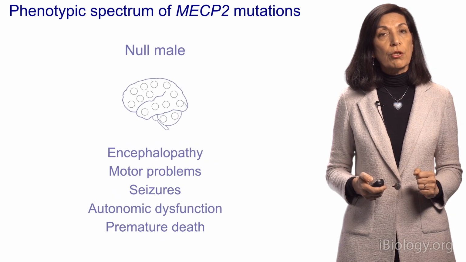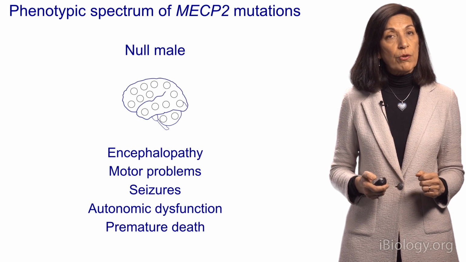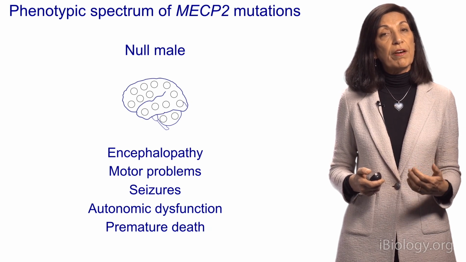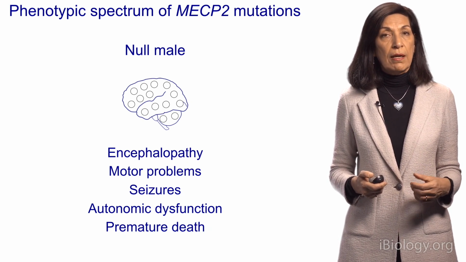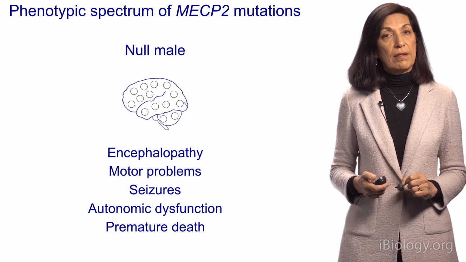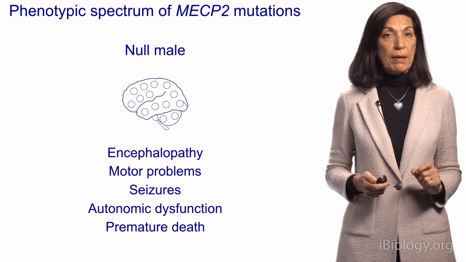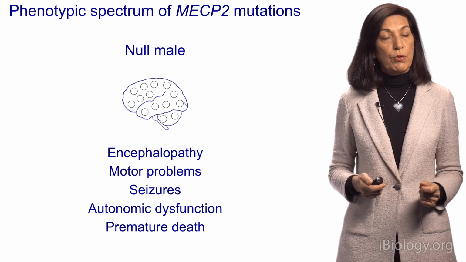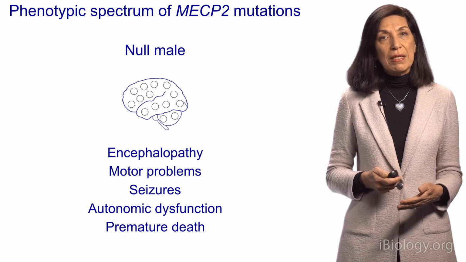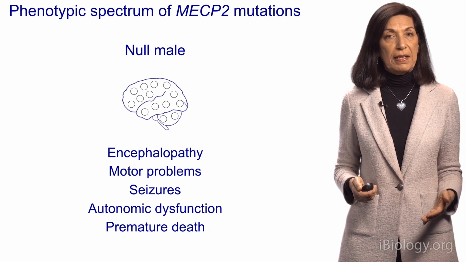However, what we also learned is that males, although we didn't see many males with these disorders, once we found the gene, we became aware that there are certain males that have mutations in this gene. Now, if you recall, I mentioned males have a single X chromosome. So if a male has a single X chromosome and it has a mutation, that means every brain cell is affected.